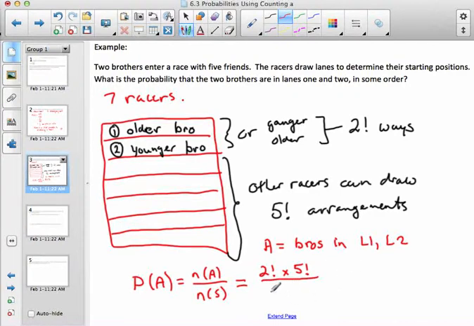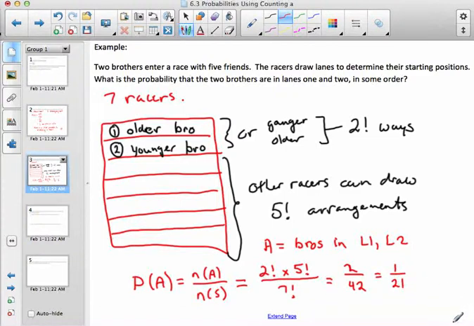However, the total possible ways that the 7 people could be put in a lane is 7 factorial. And if you do that in your calculator, then I think we get 1 out of 42, or sorry, 2 out of 42, which is 1 out of 21.